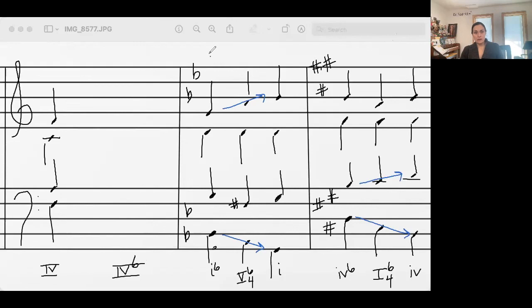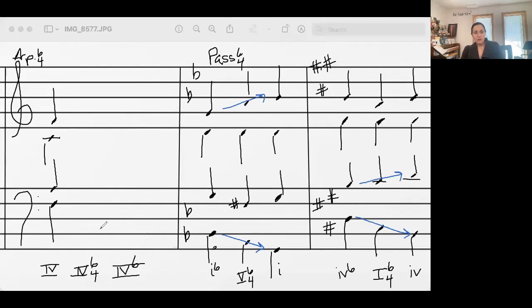Those are the passing 6/4s on this side. This one is arpeggiating. So we're actually going to do a IV 6/4 in between the root position and the first inversion. We're basically arpeggiating up and around to get to the inverted chord.